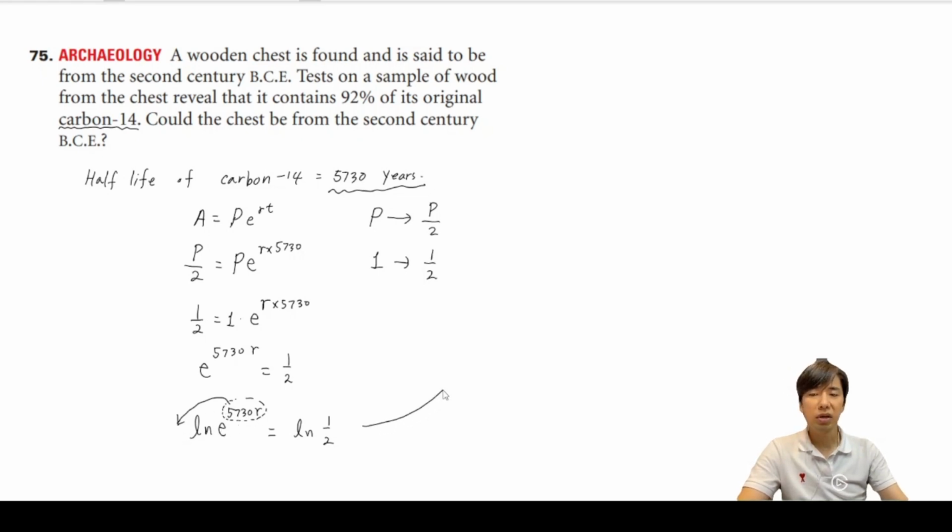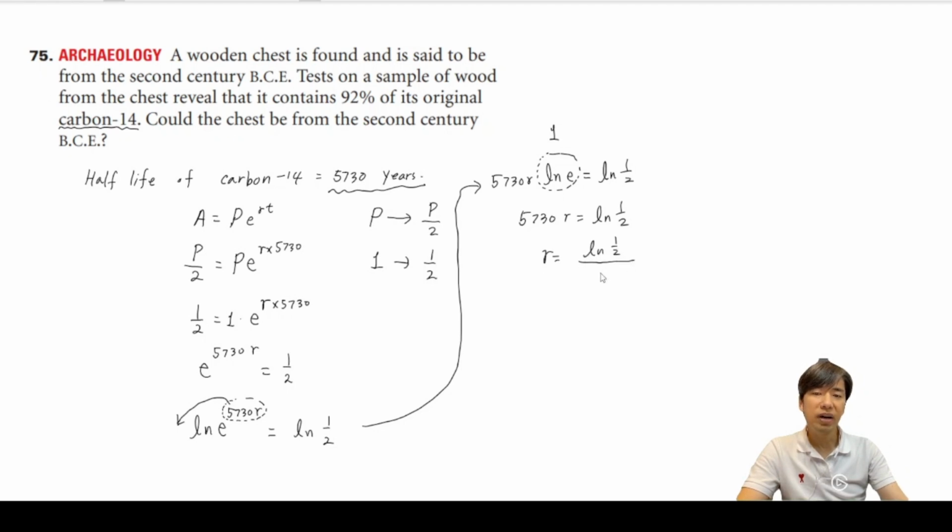Then this becomes 5730r ln e is equal to ln 1 over 2. And we know that ln e is just 1. So basically what you have is 5730r is equal to ln 1 over 2. So r will be ln 1 over 2 divided by 5730.